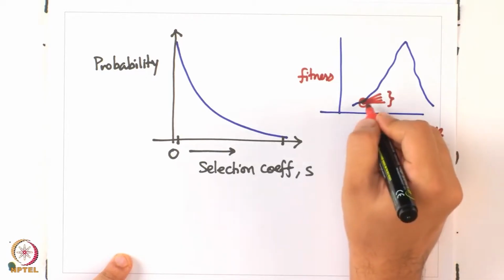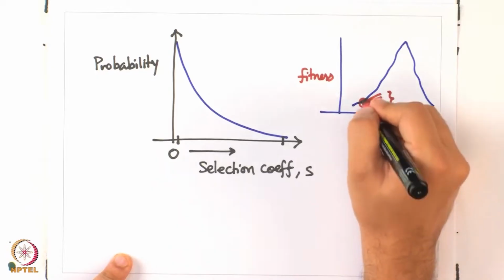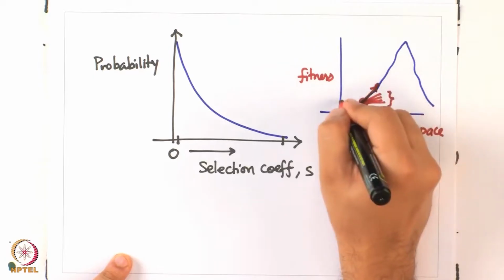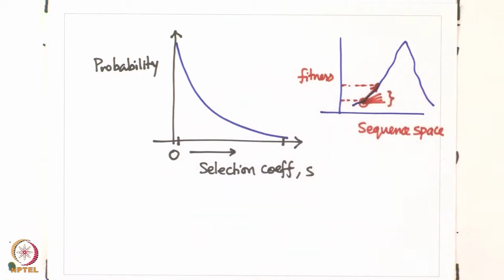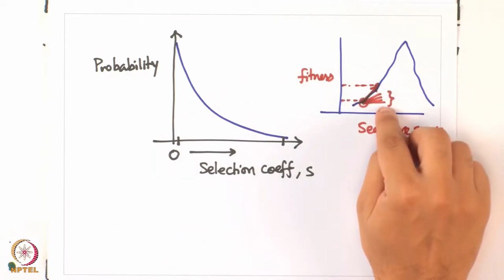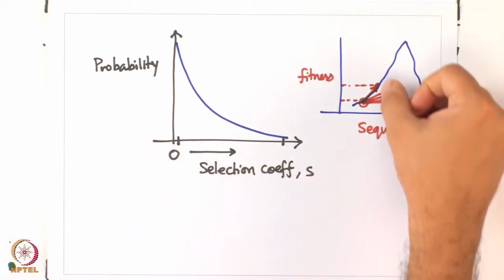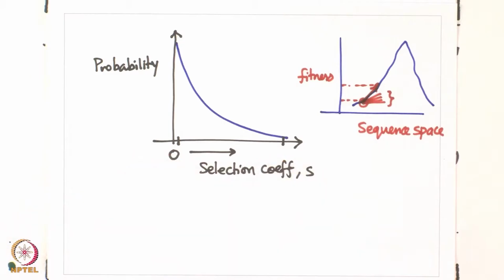So, all these mutations confer a relatively small benefit to the individual, but there is only one mutation which goes up the hill which confers a relatively larger benefit to the individual. So, there are more mutations available which confer a smaller fitness advantage, and fewer mutations available which confer a large fitness advantage, and that is essentially what is represented here in the diagram.